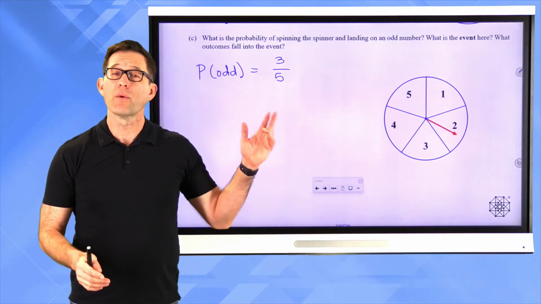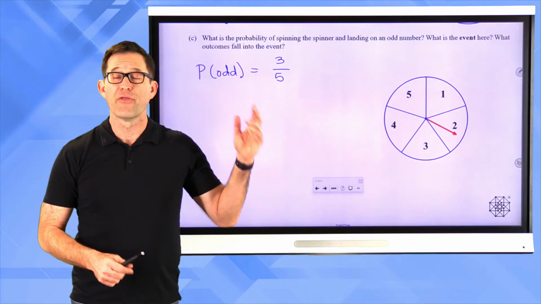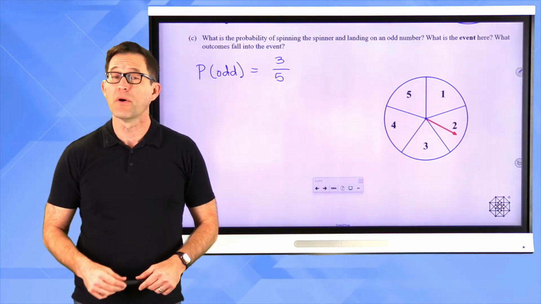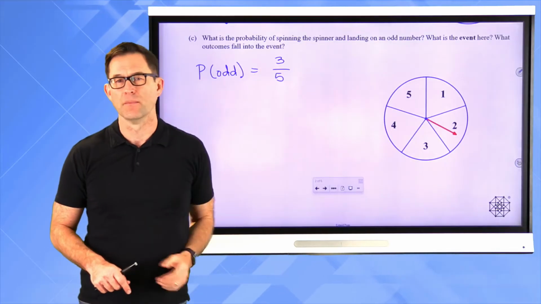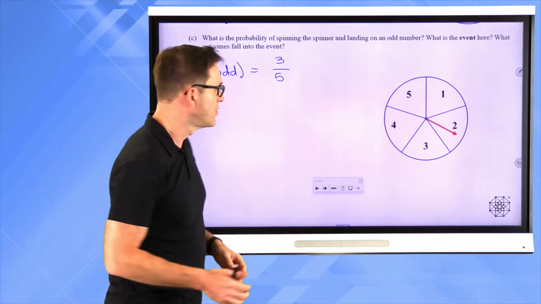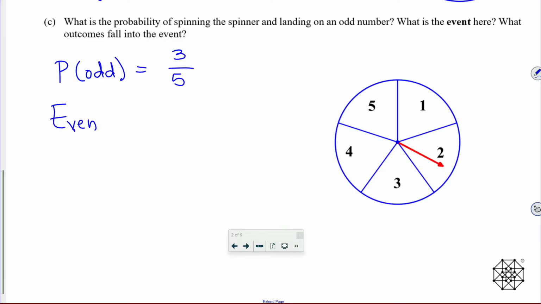All right, but remember, we want to assign a number to probability, and 3 out of 5 is not a number, but 3/5 is. Now, let's talk about events and outcomes, right? The event, which is a collection of outcomes, the event is falling on an odd number.